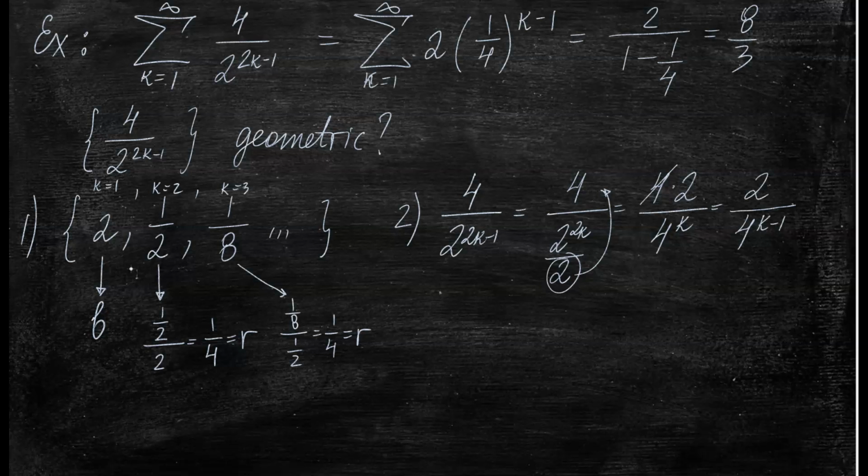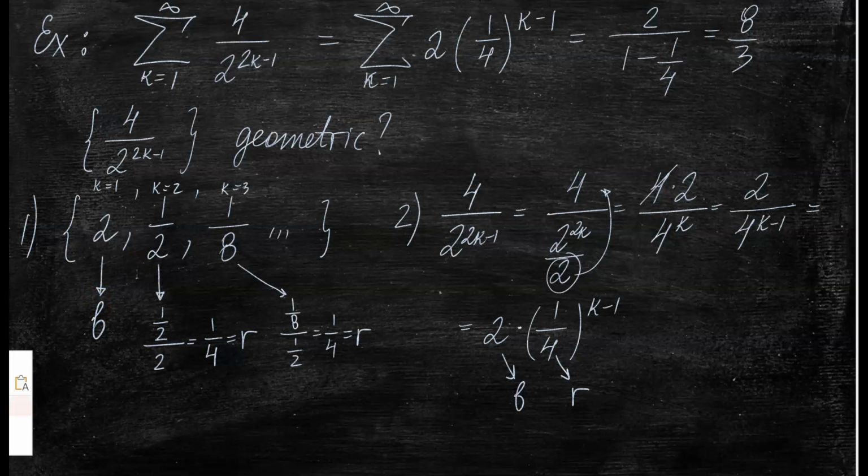So you see how we were able to manipulate this expression algebraically and rewrite it like this, which is exactly the form of a geometric sequence. So from here we learned that this is b and this is the common ratio. So one way or another we are going to know.